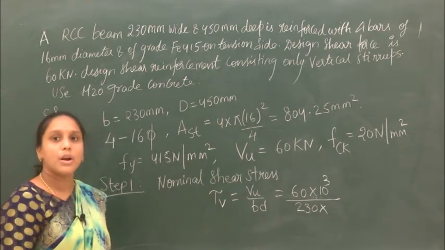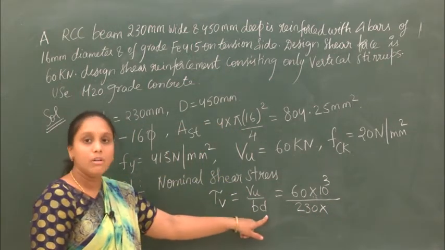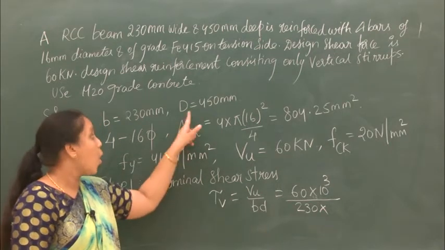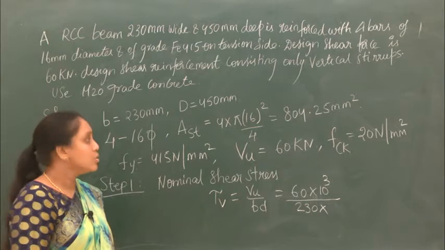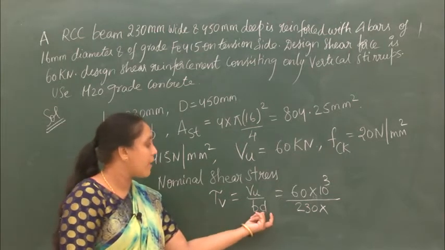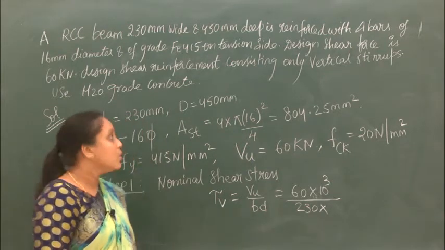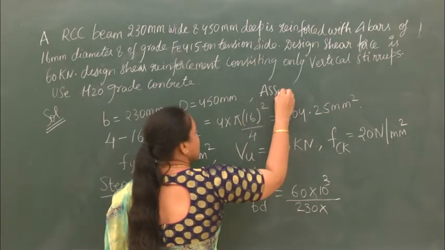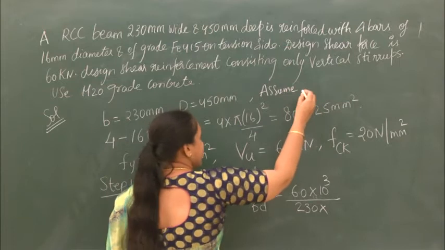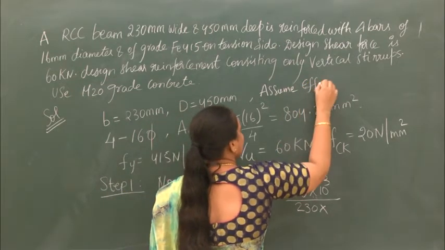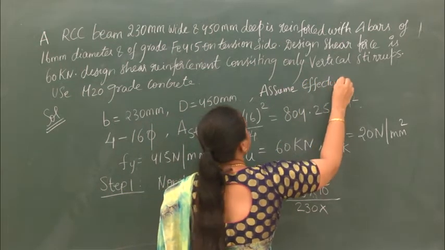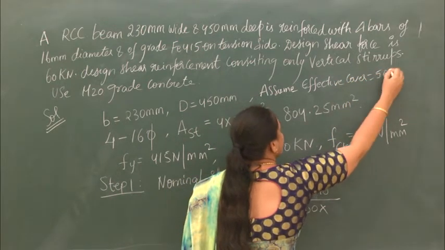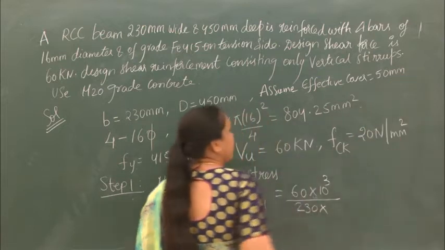d here is the effective depth. But in the question they have given us the overall depth of the beam. So first we have to find out the effective depth. For that, I am assuming a suitable effective cover of 50 mm.